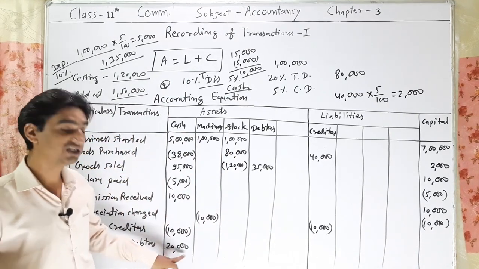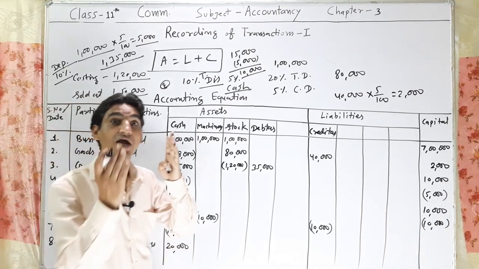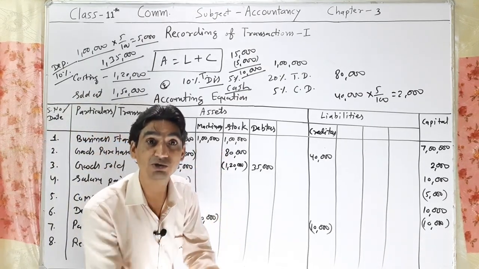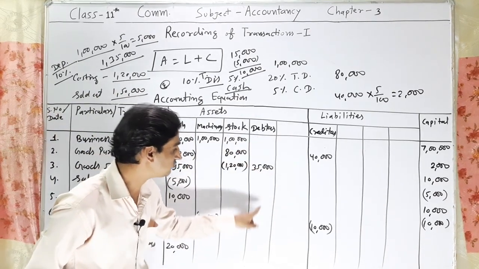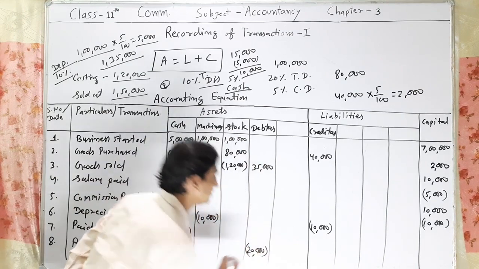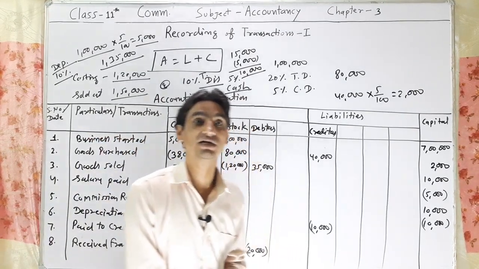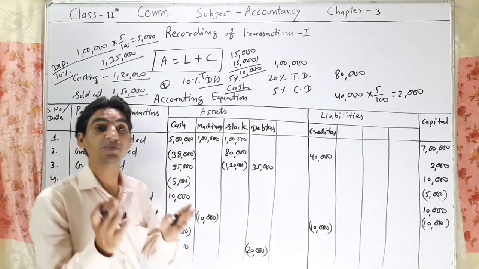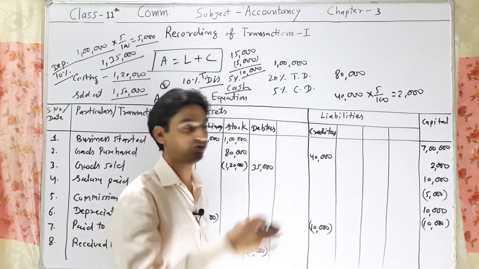The debtors balance is reduced by 20,000 because we have received from debtors. I hope you understood how to record these transactions. Some important transactions we will discuss in the next question.